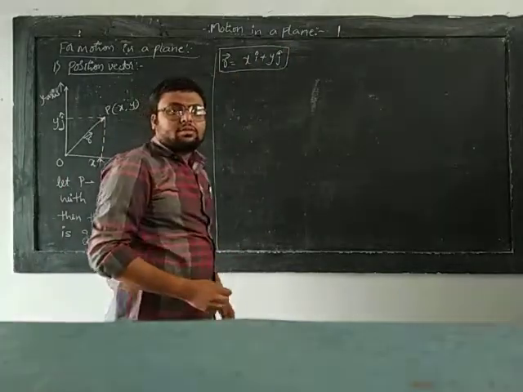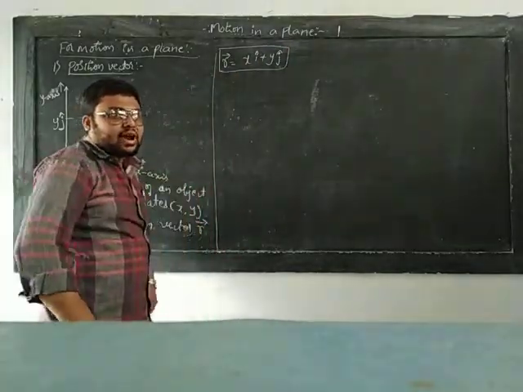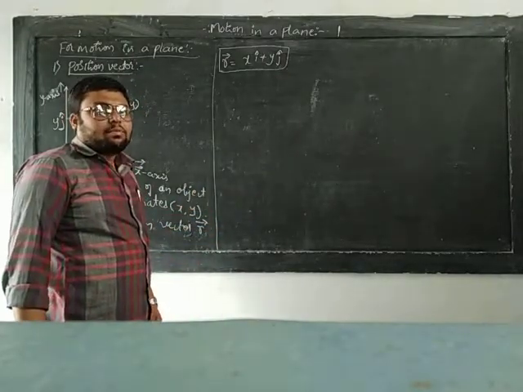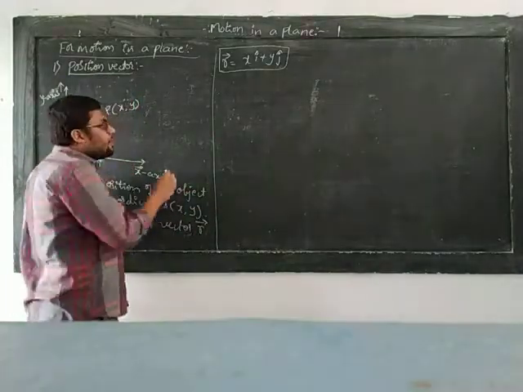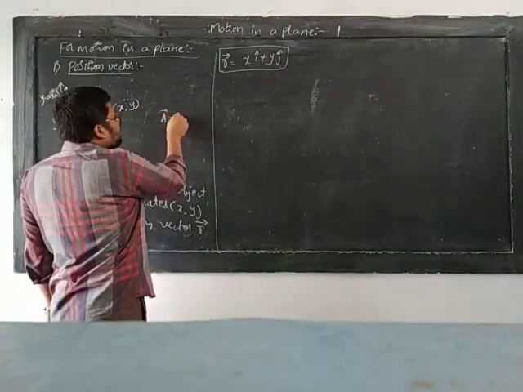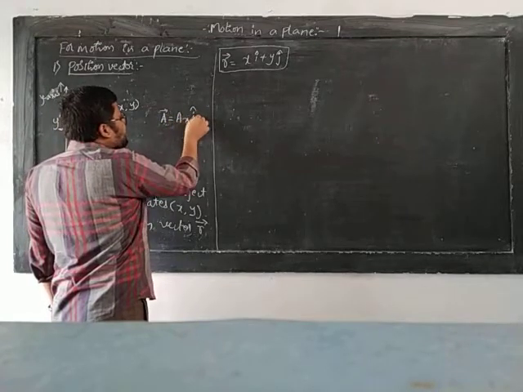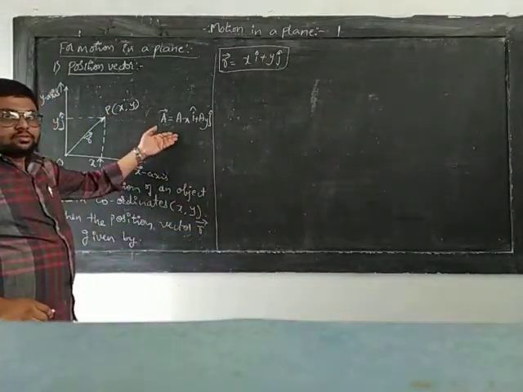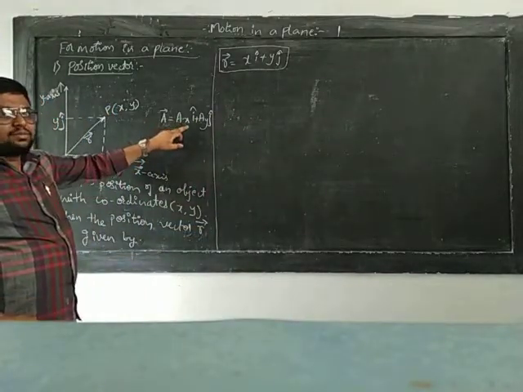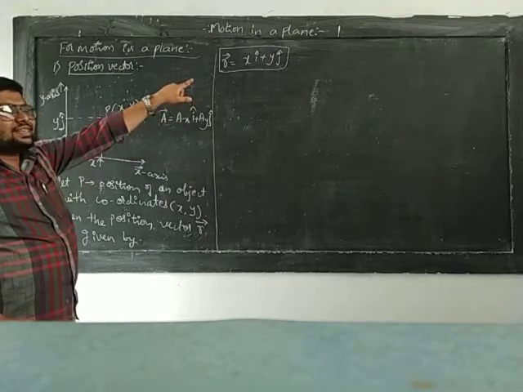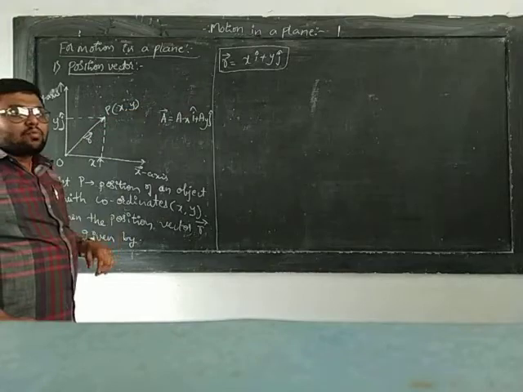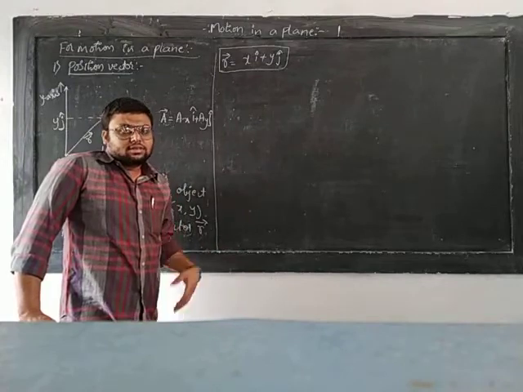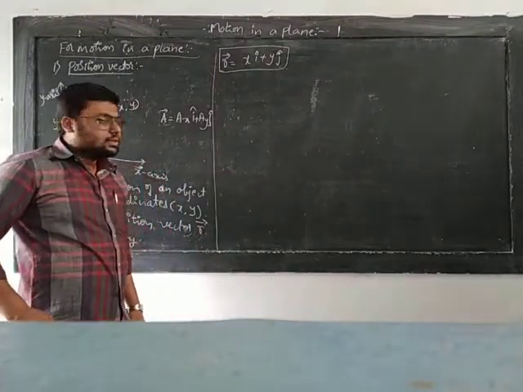How have I taken this one? As we have studied already in the magnitude and direction of a vector concept, vector A is equal to ax i cap plus ay j cap. Right? I hope you remember this one. So here instead of ax, which is the x component of A, I have considered the x component of R. What is the x component of R? That is x into i cap. And what is the y component of R? That is y into j cap. Is it clear? Okay.